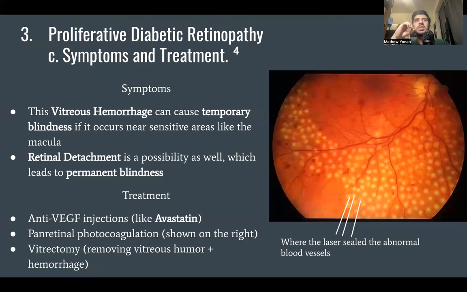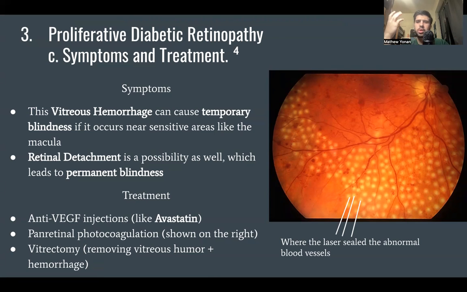Essentially, damaged blood vessels like those eventually start to create scar tissue. This scar tissue pulls on the retina and detaches it from the actual back of the eye, and this leads to permanent blindness.